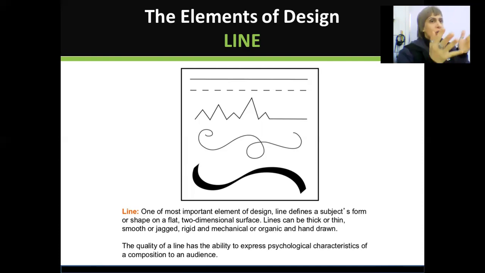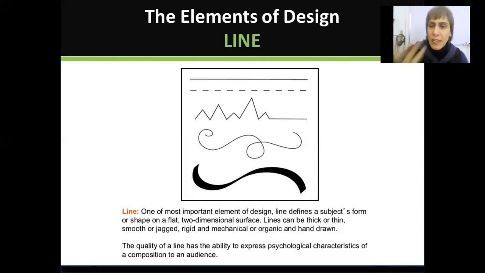For example, a designer made a composition made out of lines, and I look at it, and the type of lines he used make me think about something, make me feel something. So how does the way you use line influence or affect the viewer's psychology?